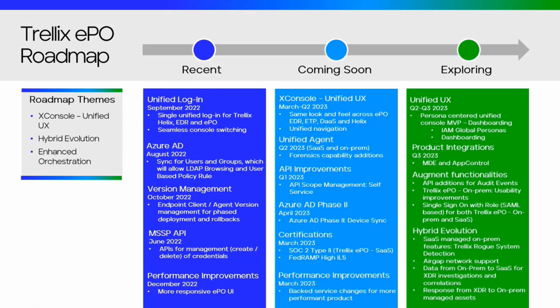This is a SaaS specific item. What that means is that you will be able to log in through your own username, password, and be able to use these core products, Helix, EDR, and EPO in the same entitled tenancy, and be able to switch between these consoles.